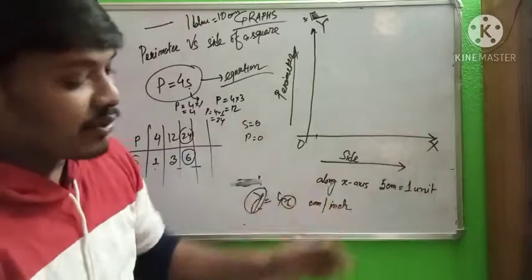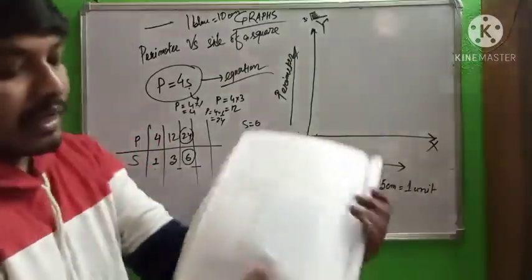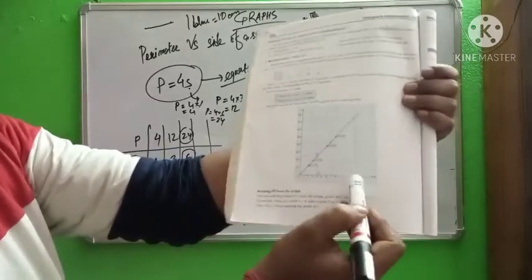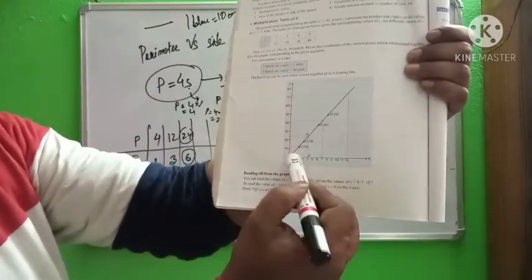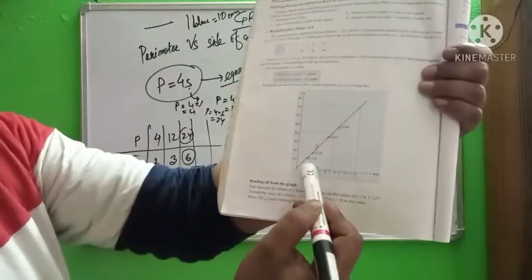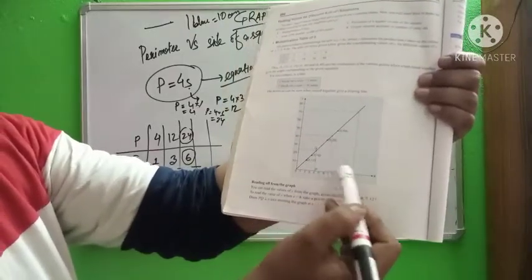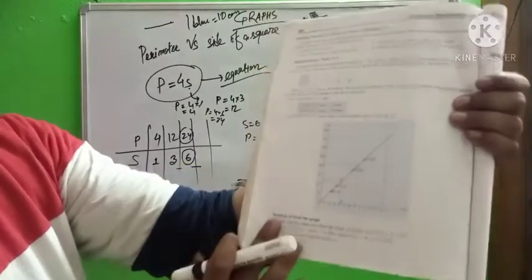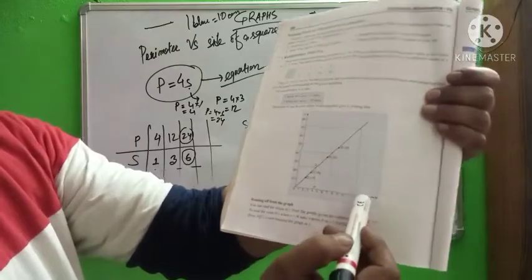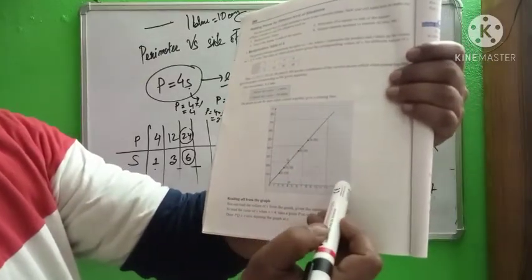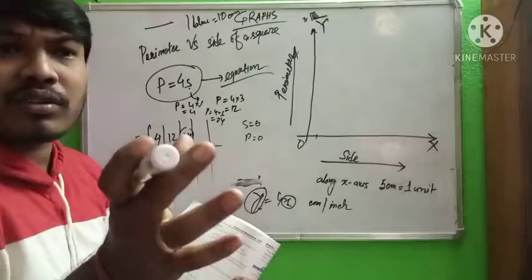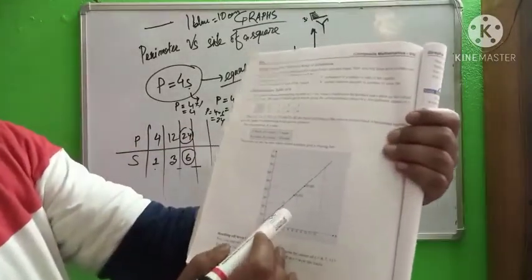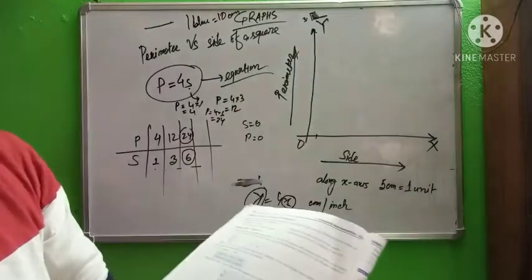I am writing in this way: 5 centimeter equal to 1 unit. That means for this 5 we take 1 unit. So 12 values are there, so we can take 10 centimeter equal to 1 unit, one block equal to 1 unit, then it looks better. Because in graph paper 10 or 15 blocks are there, so if we take 1 block equal to 1 unit, then also it is correct.